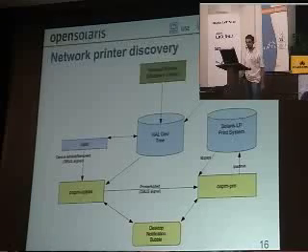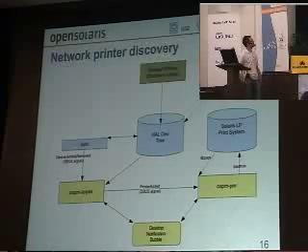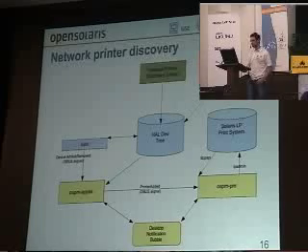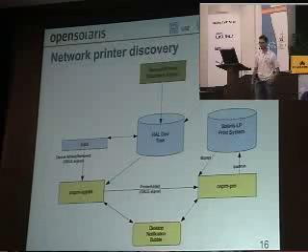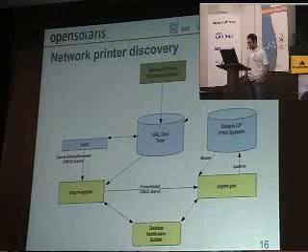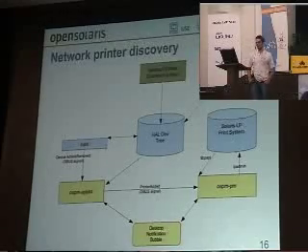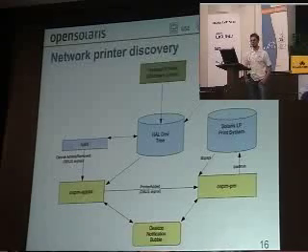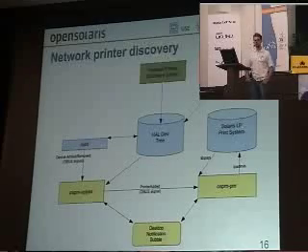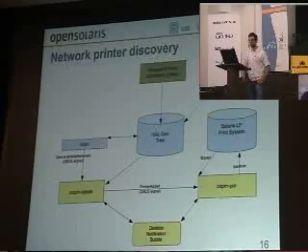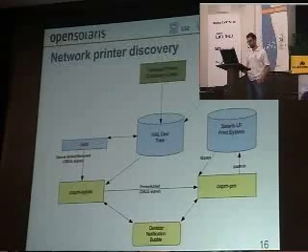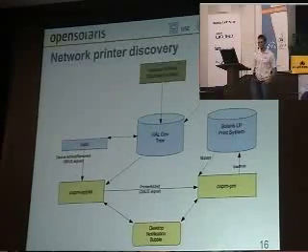Now the network printer discovery. Currently in phase 1 of Presto, SNMP is supported. Later on mDNS or maybe SMB protocols will be supported as well. So it's quite a similar way. Different protocols have different ways of telling that a printer was attached to the network. So we need to ping some networks or send information over the network that we need information about all the printers in the network.